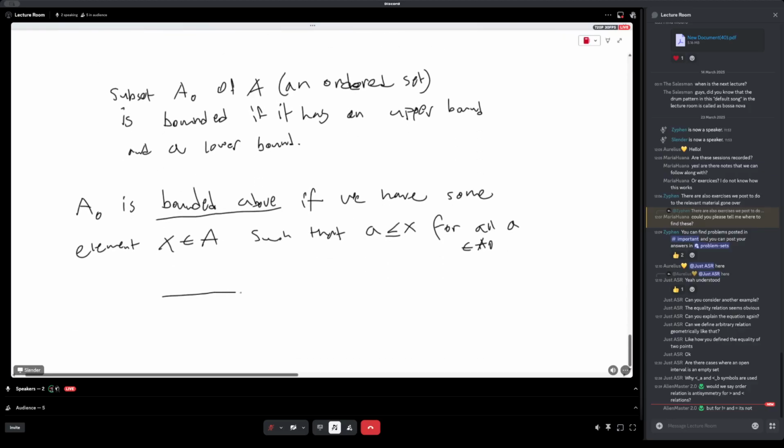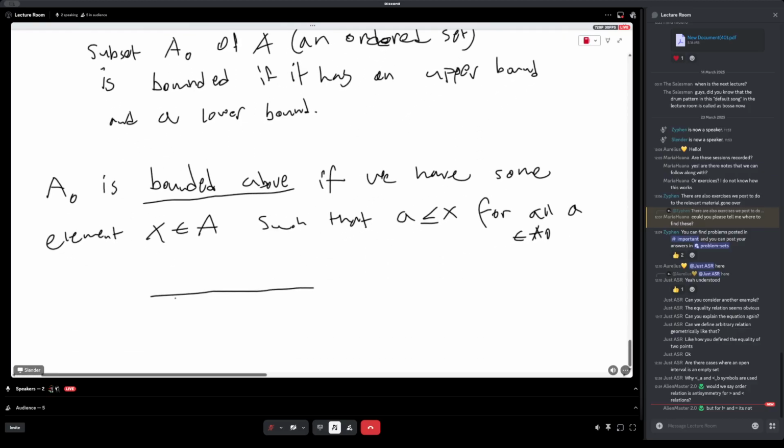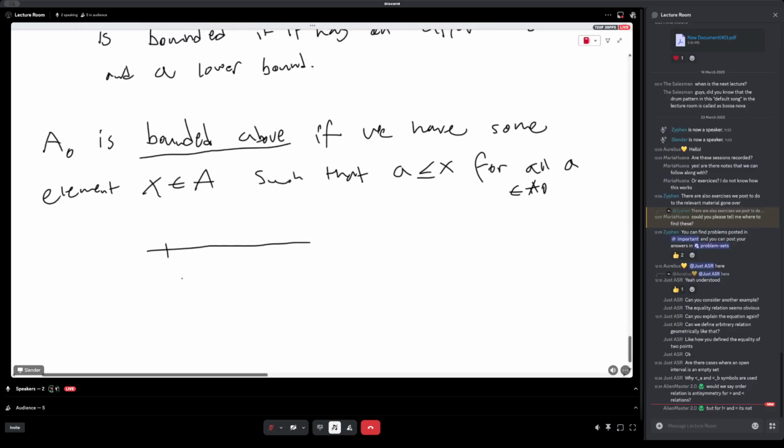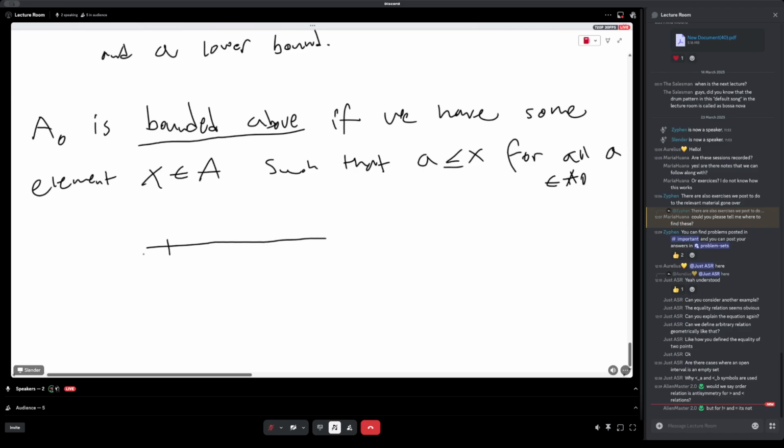It basically means if you have this set here, for example, this is the interval, or it can be any set. I'm just drawing for visualization.